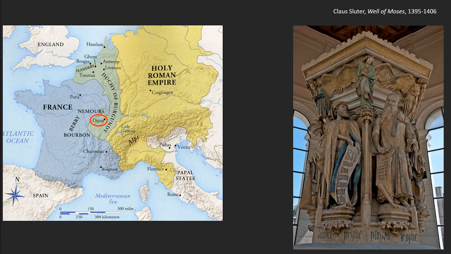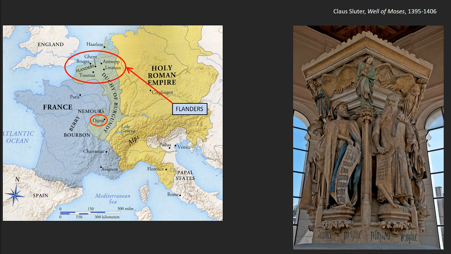Now, like I said, this was in Dijon, right? Or just outside Dijon, in what is Burgundy proper. But the Duchy of Burgundy was a lot bigger. And we know from records that Klaus Sluter came from this region, what is today the region of Flanders. It's the northern part of Belgium. In fact, if you pay attention to the news, there were a couple of times in recent history that Flanders has tried to become independent, just like Czechoslovakia broke up, right?